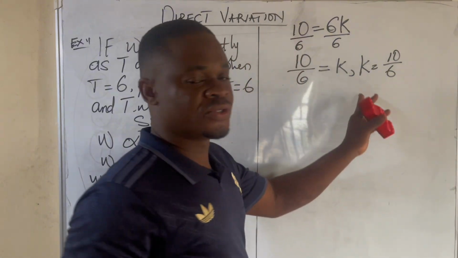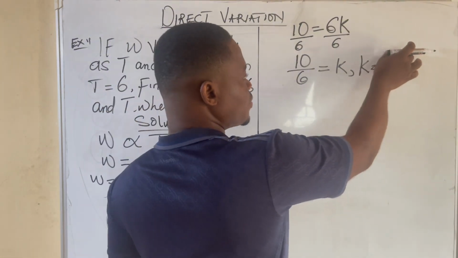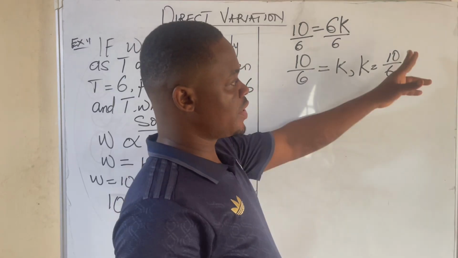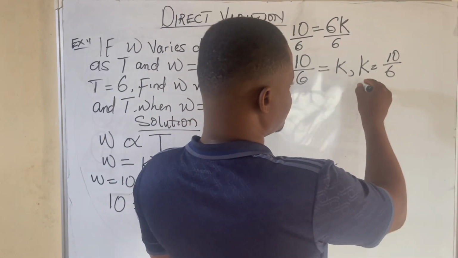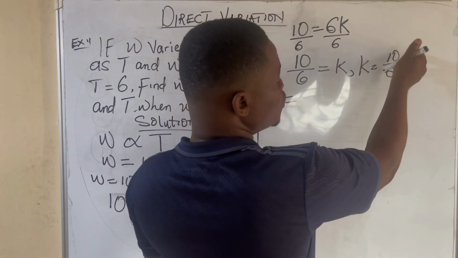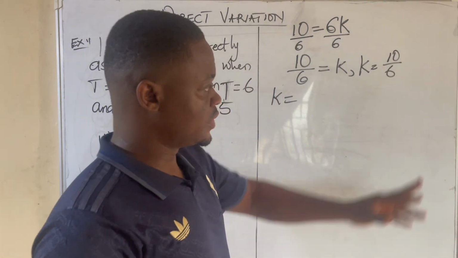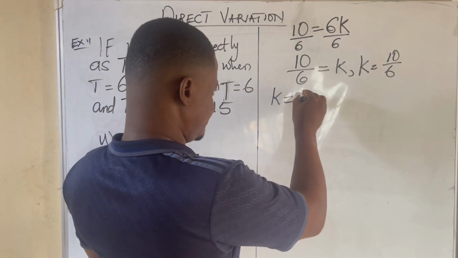Here we can reduce to the lowest term. The common factor, the number that can divide the numerator and equally divide the denominator, is 2. If 2 divides 10, we have 5.